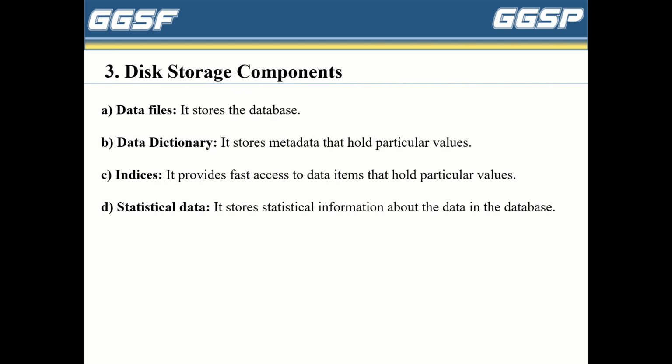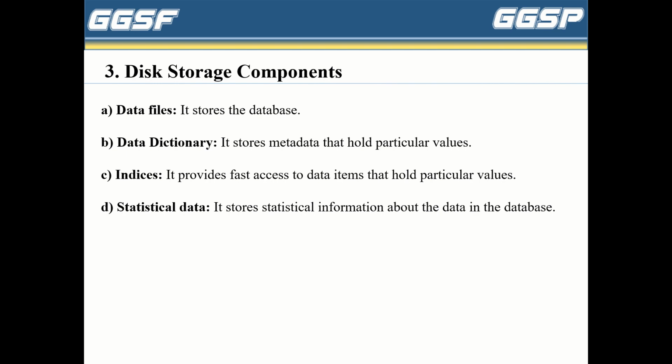Next, disk storage components. There are basically 4 disk storage components. First, data files. In data files, it stores the database. The actual database is stored inside the data files. Next, data dictionary. It stores the metadata. Indices means what?